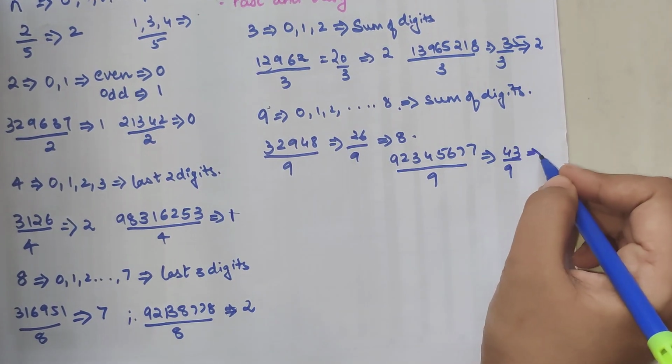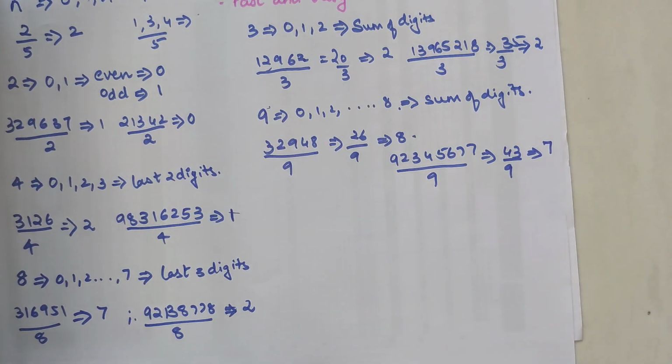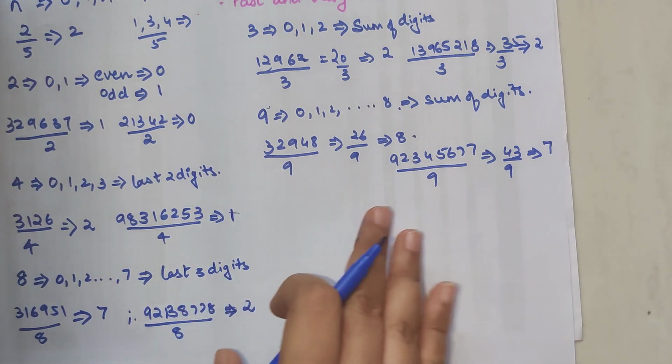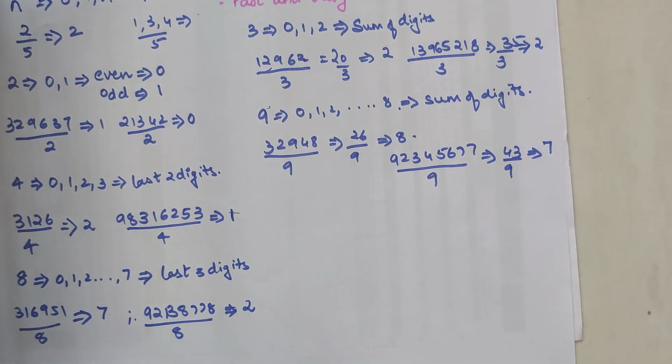So here also I can just add the two digits and you will get your remainder as nothing but 7. So you got how easy this entire thing became. Imagine if you didn't know this trick and you had to actually sit and solve all of these things. It looks so scary, right?